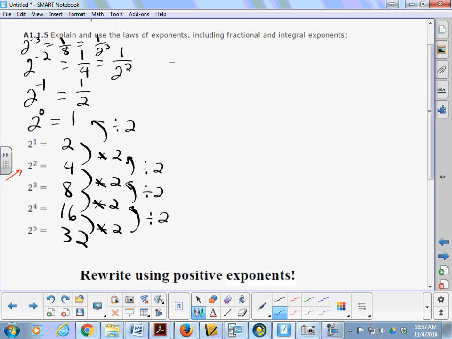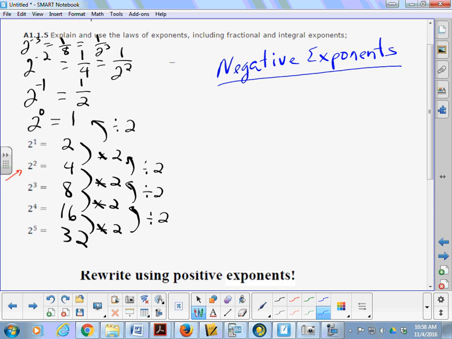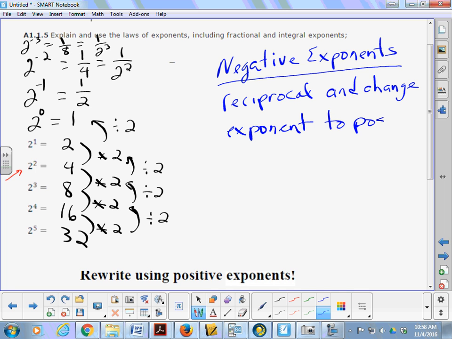So what happens here is that when we are working with negative exponents, we are taking the reciprocal and changing the exponent to positive.